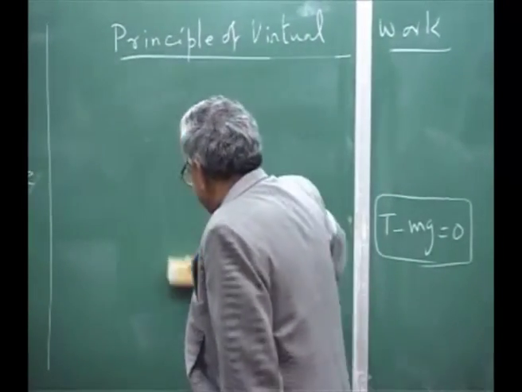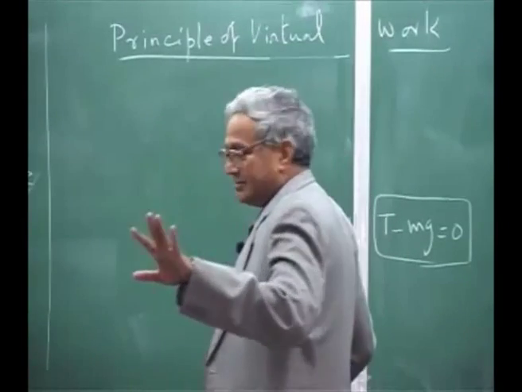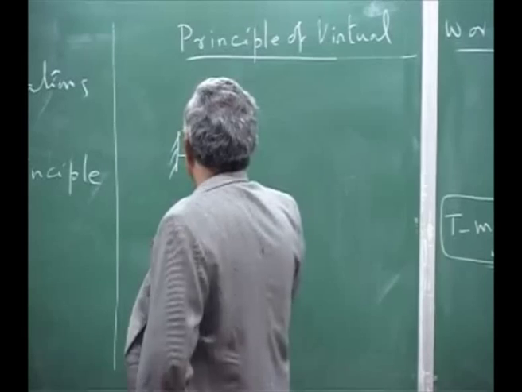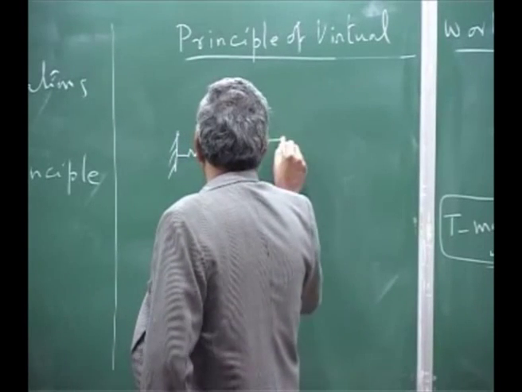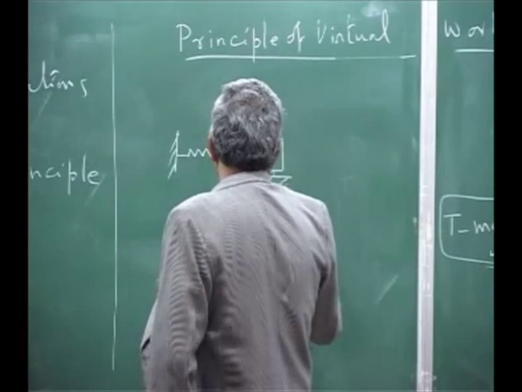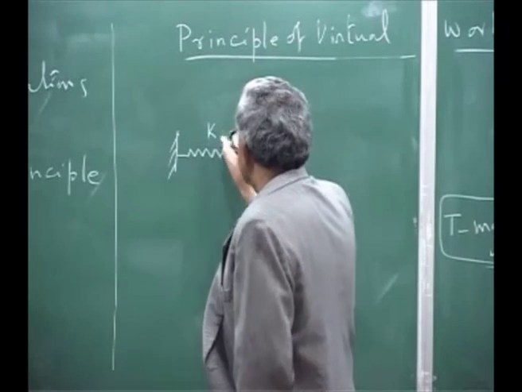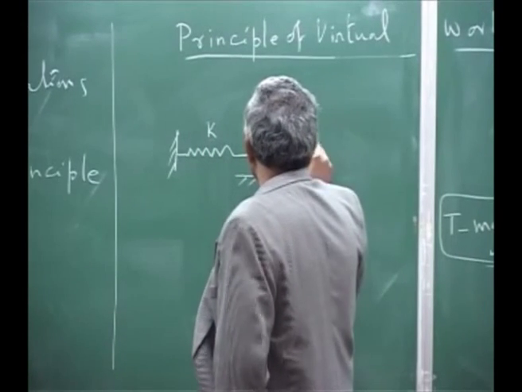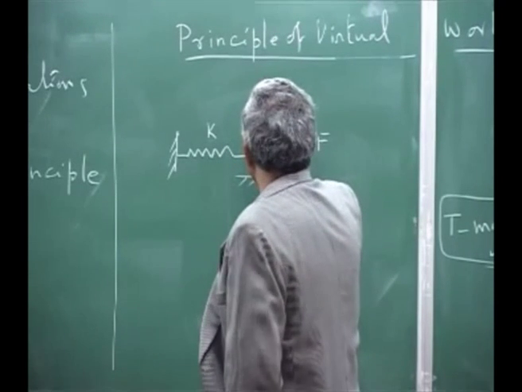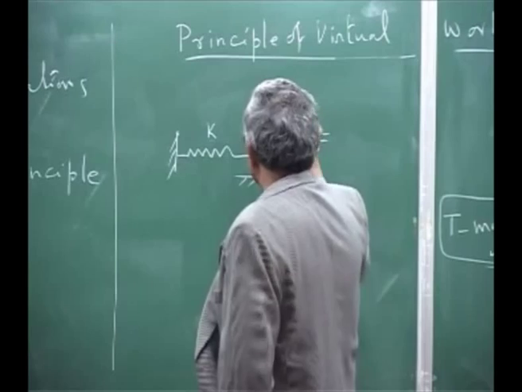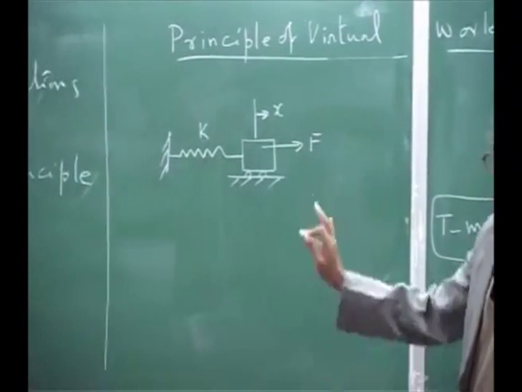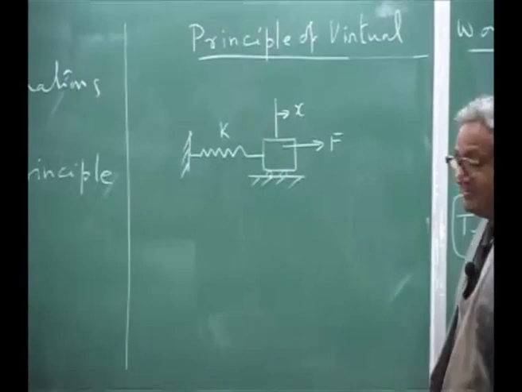Now we take another example which you are all familiar with: a spring and a mass, where the spring constant is k, and you have applied a force F, and it has already deformed through a distance x.